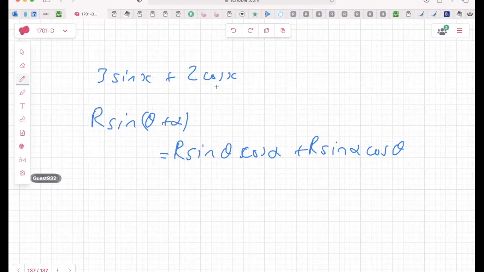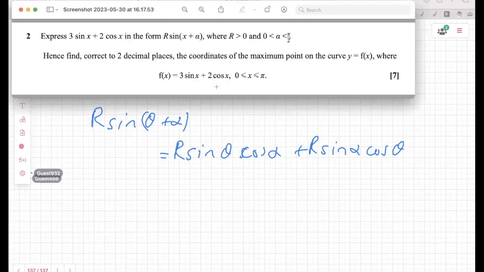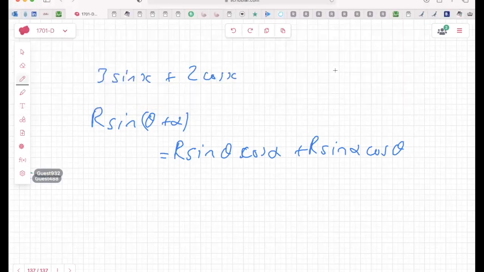So if we look at our sine x and cos x, we just need to change that slightly because we want that in terms of sine x plus alpha. Actually, I'll have it in theta. So it should have been, let me just quickly alter that. This theta should be an x.